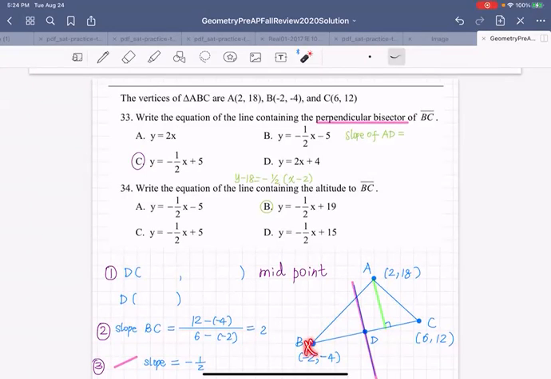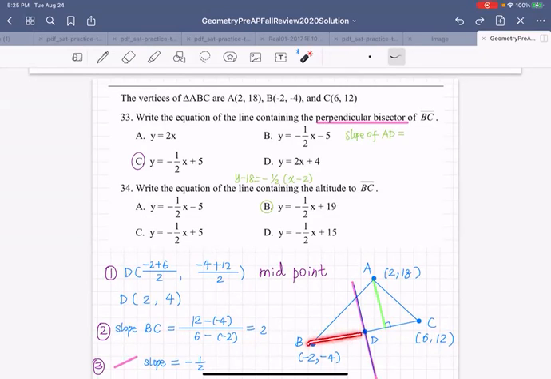This is x1, y1, x2, y2. Who is D, Valeria? What's the D position? So X is 2, and then Y is 4. There you go. Very good. You do -2 plus 6 divided by 2, so that's 2. You do -4 plus 12 divided by 2, so 4. All right.